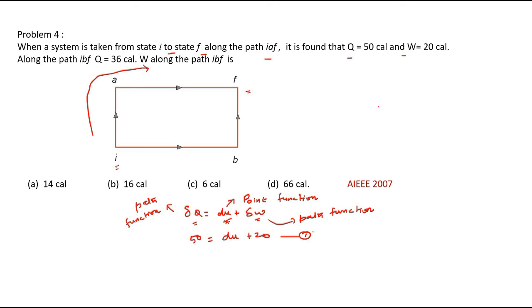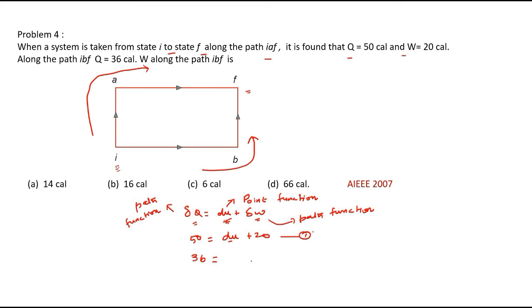For the second set of data, along the path IBF this way, the starting point and ending point are the same, I and F. Therefore, dU is the same, because it is a point function. It depends only on the initial and final points. So in the second set of data, along the path IBF, Q is 36, so delta Q is 36.